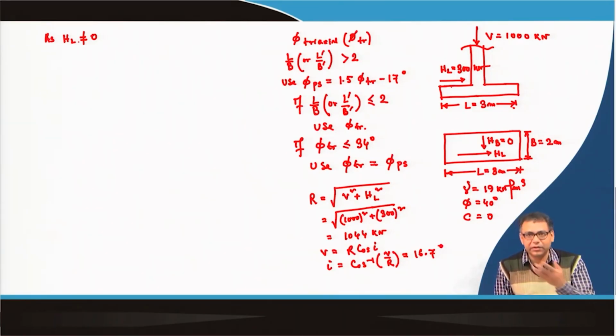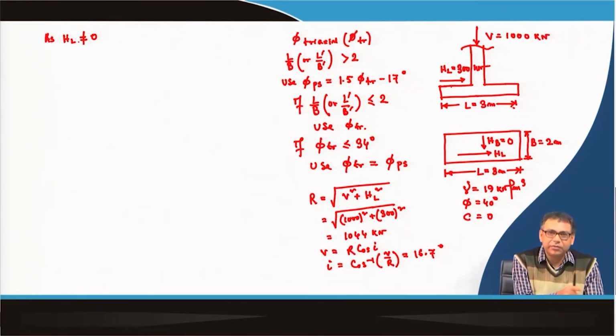So, first we will calculate the depth factors. The modification to incorporate the inclination factor is suggested only with the shape factor, not with the depth factor. But for depth factor also we have to go for two sets if HL is not equal to 0.